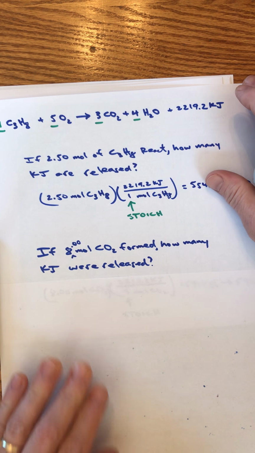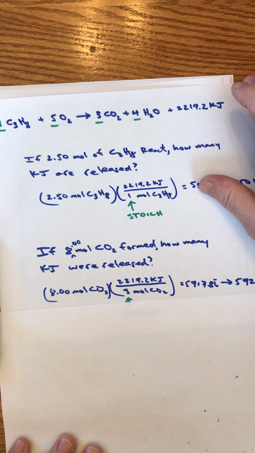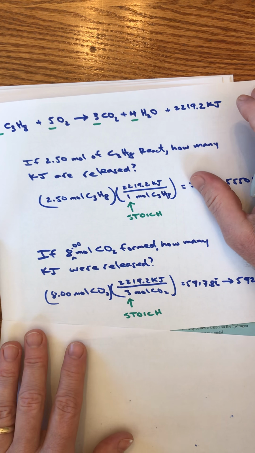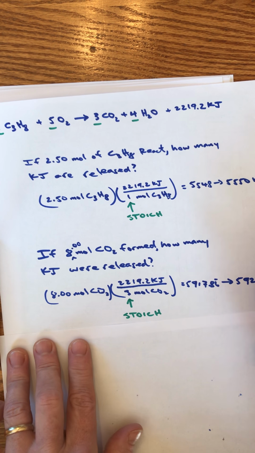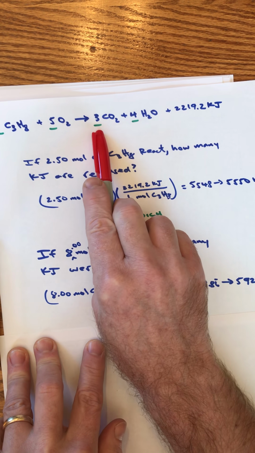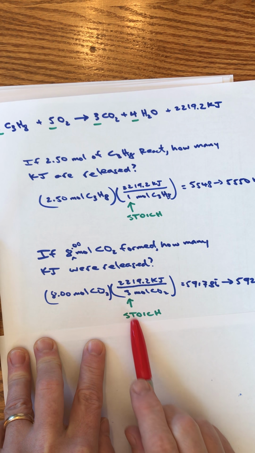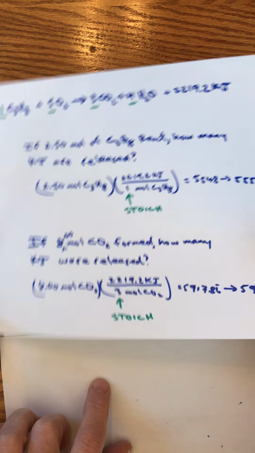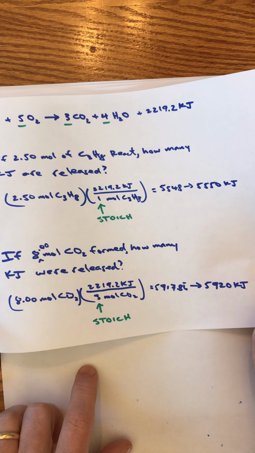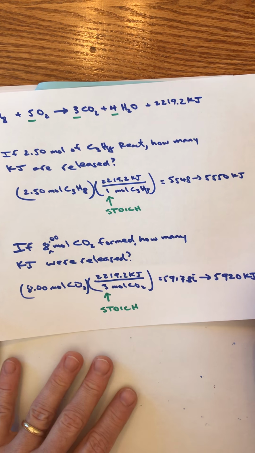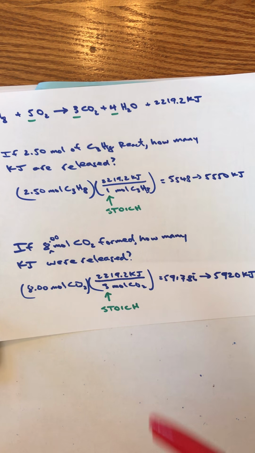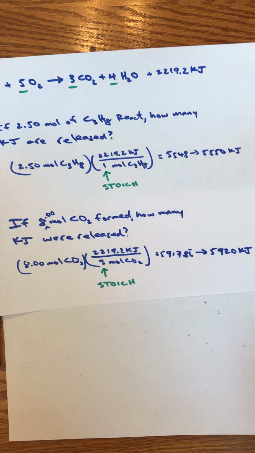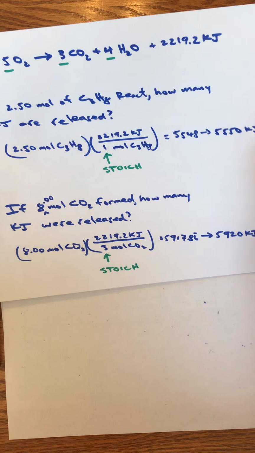Start with what you're given. 8.00 moles of CO2. 2219.2 kilojoules for every 3 moles of CO2. Round it to sig figs, it's roughly 5920 kilojoules. So that's pretty straightforward in terms of the energy. That's actually an improvement on this table compared to our supplemental ones. But we'll get there.